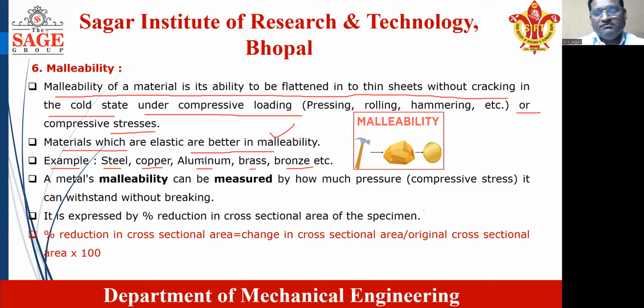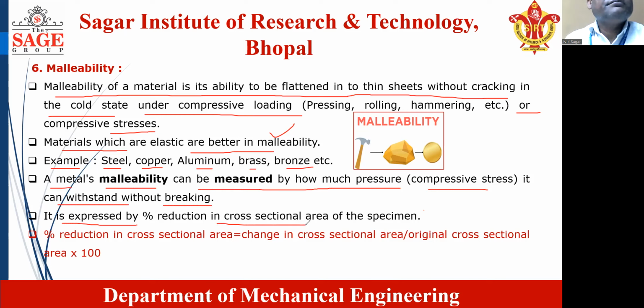A metal's malleability can be measured by how much pressure or compressive stress it can withstand without breaking. This is the measurement, and it is expressed by the percentage reduction in cross-sectional area of the specimen.